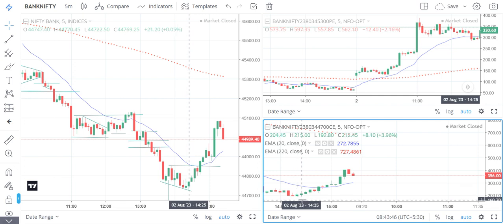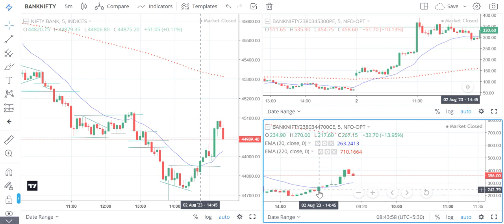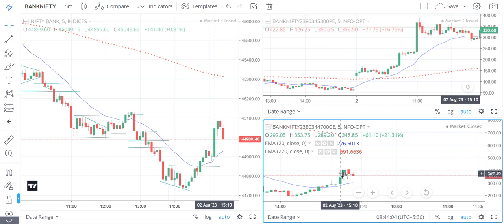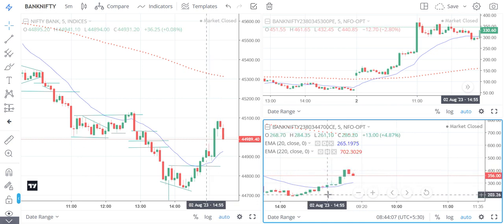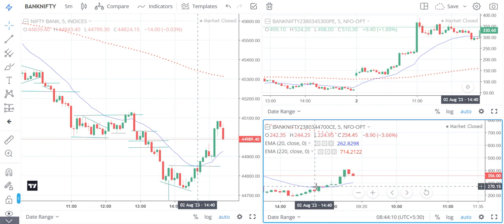So this is a reasonable buy signal bar. If I buy here, then I can hold throughout this rally. So here also you would get 100% profit. This is the first target.